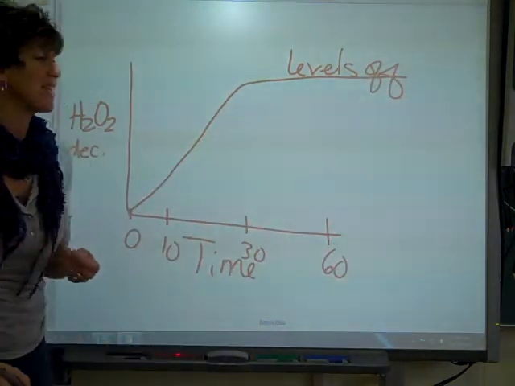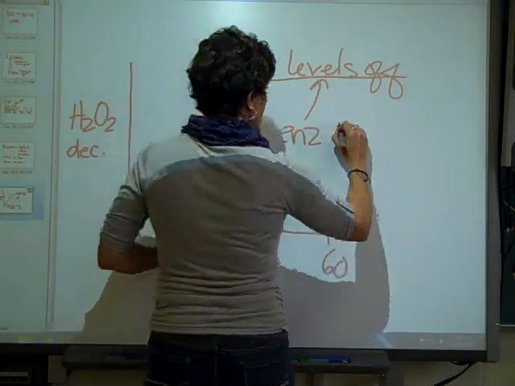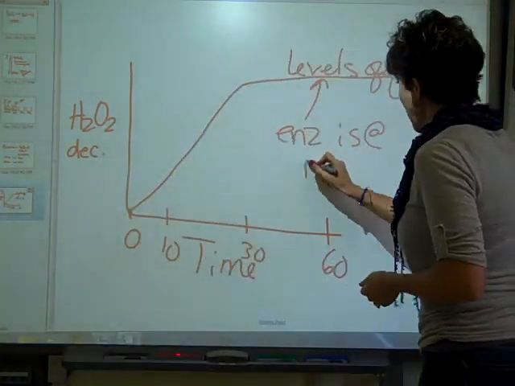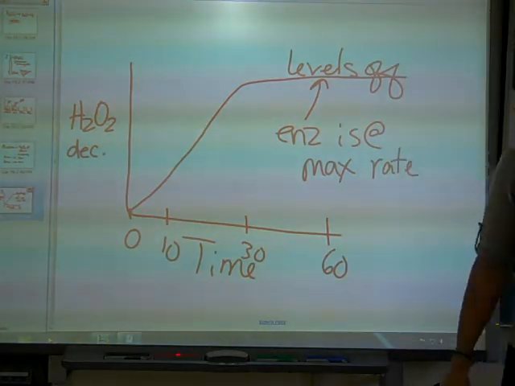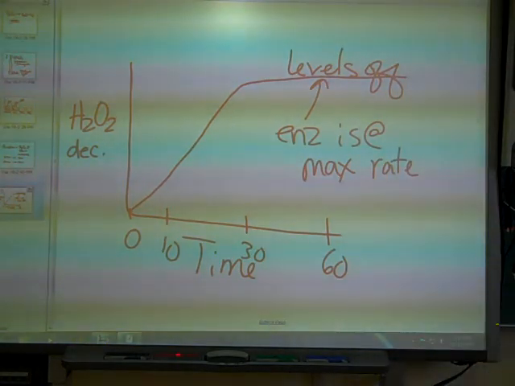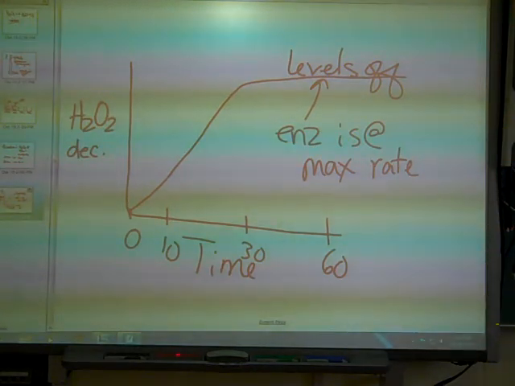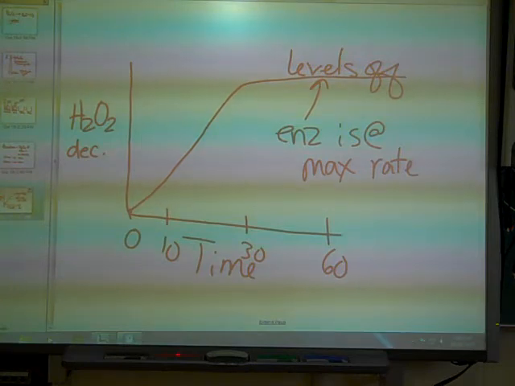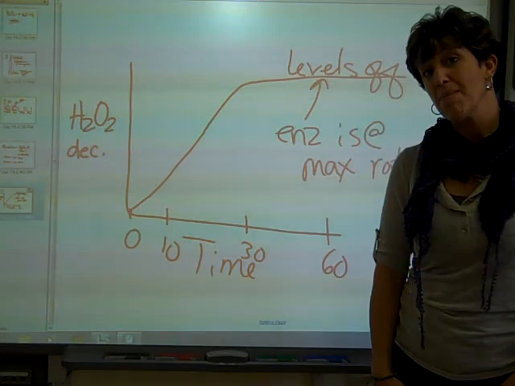So when an enzyme levels off, that is telling me that my enzyme is at maximum rate. When it's at its maximum rate, it's working as fast as it can. You could keep adding more H2O2, but it can't work any faster than it is. All right, if you have other questions, please make sure that you come ask me.